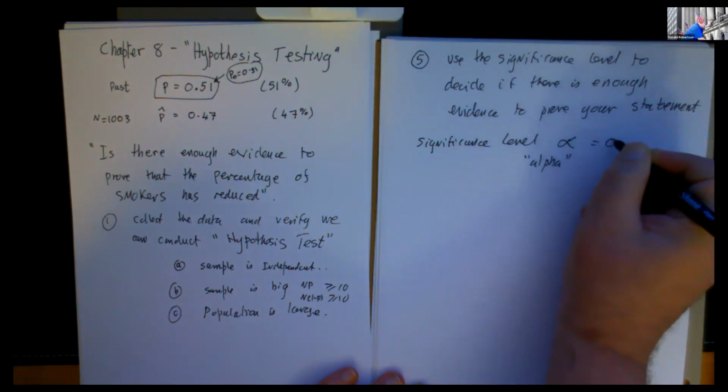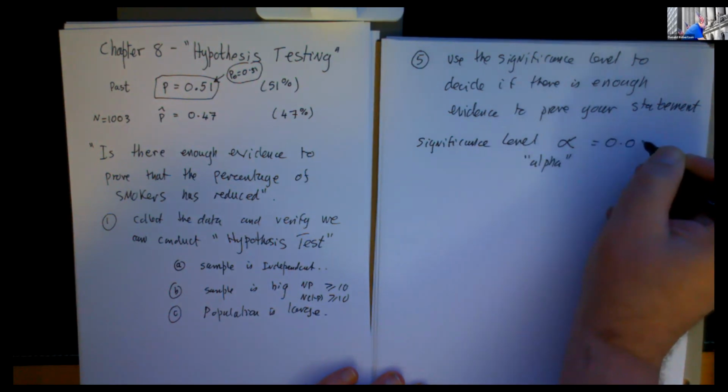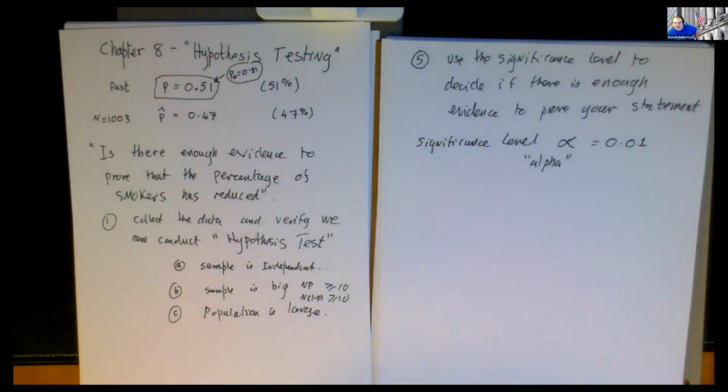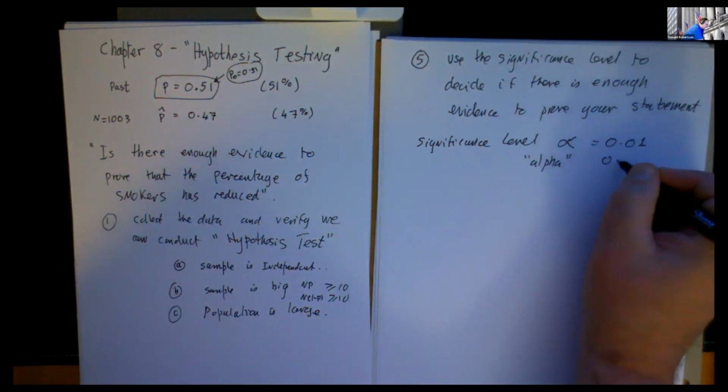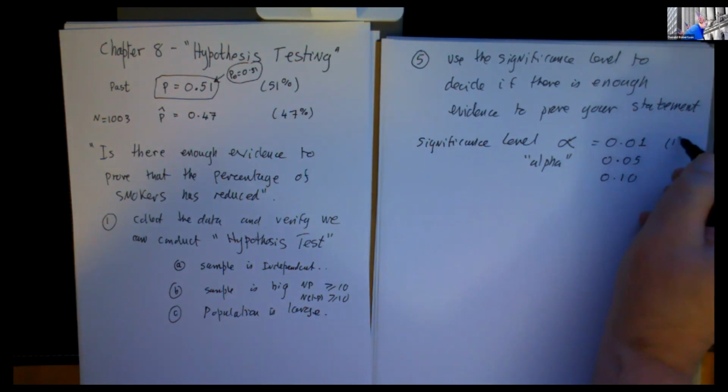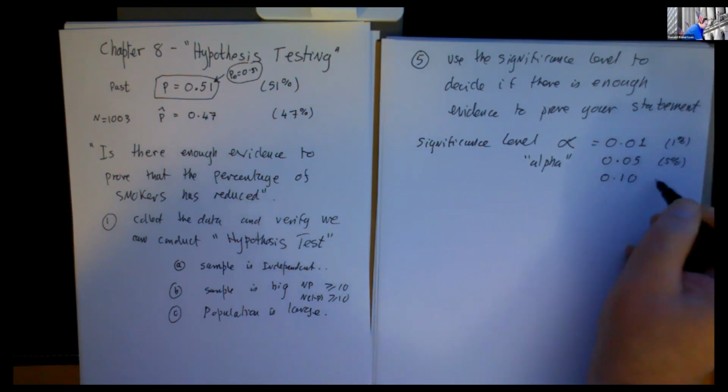And it's going to be a very small number. In fact, it's typically one of these numbers. This is called 1%. This is called a 5% significance level. And this is called a 10% significance level.